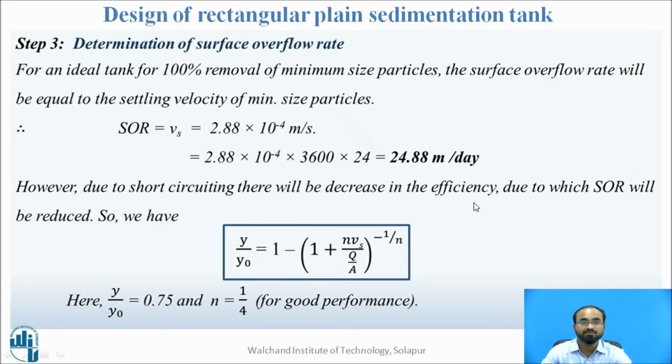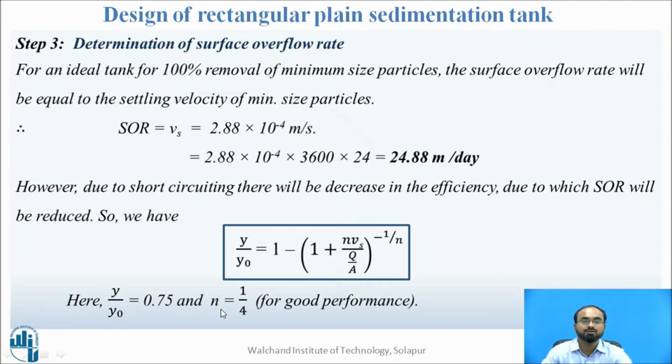So, we have to use the formula Y by Y naught is equal to 1 minus in bracket 1 plus NVs divided by Q by A whole bracket raised to minus 1 by N. Here Y by Y naught is given to be 0.75, that is 75% efficiency, and it is having a good performance, which is told in the numerical problem.